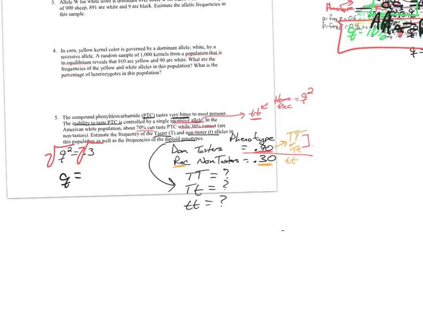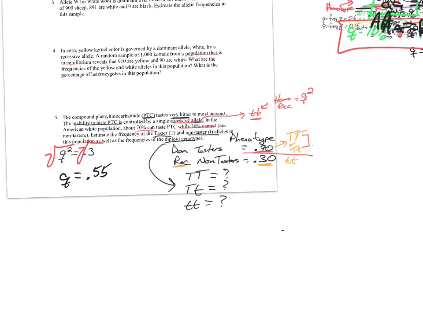What's the square root of 0.3? About 0.55. Let's just go with 0.55, I'm good with that. That tells me that about 55% of the alleles in that gene pool are recessive alleles.